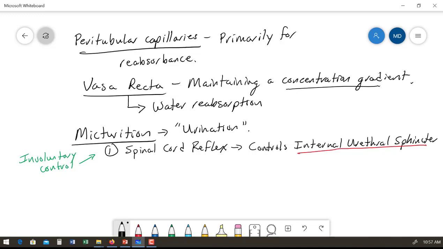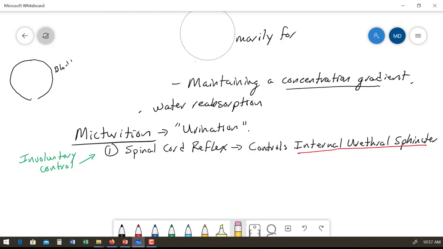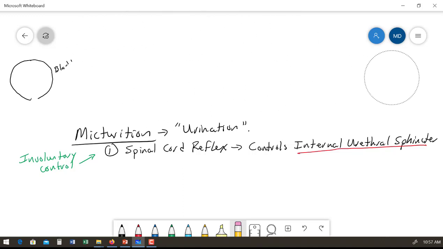Actually, I might be able to fit one in over here. Let me try. So if we have a bladder here, let's do this as a bladder. And let's get rid of some of this other stuff up here. Okay, actually, if I'm going to do that, might as well go all the way.